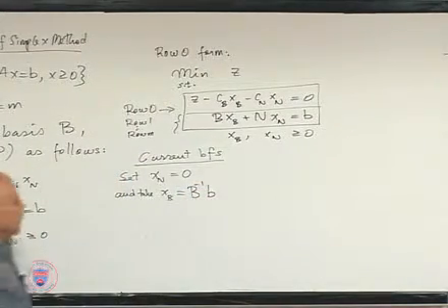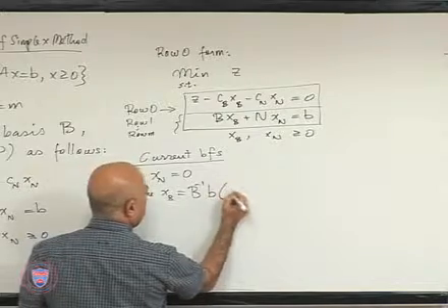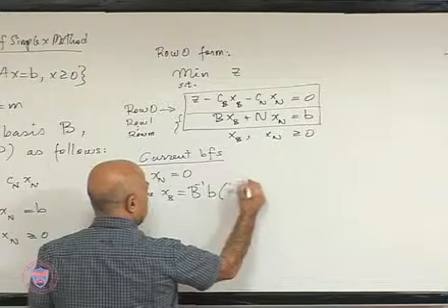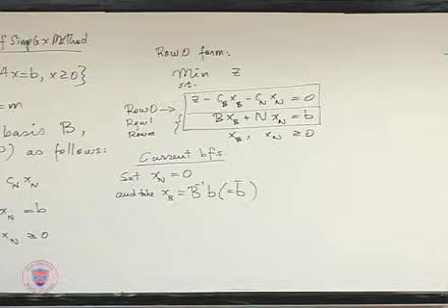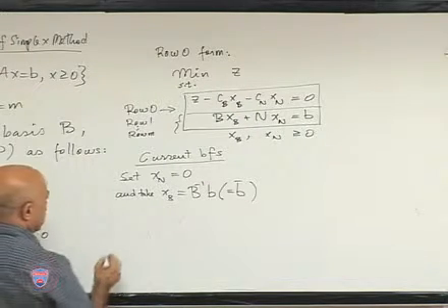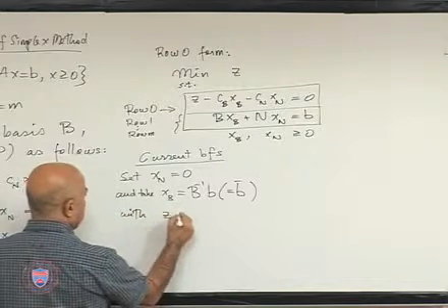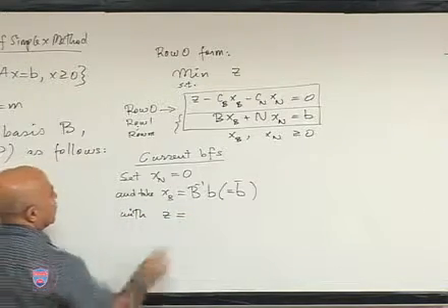Okay? And I gave a name to what you see on the right side. We call this the modified version of b, which is b bar. Okay? That's the notation used in your book. So let's just stick to that. And the objective function is also defined by this.